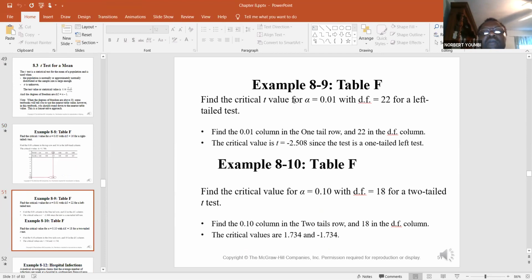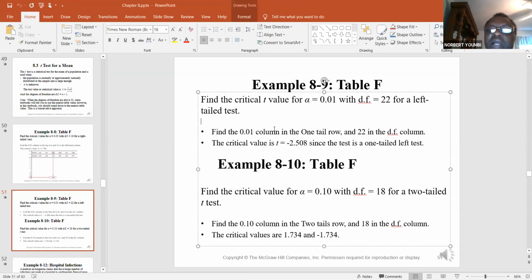We can do the same thing. You can practice by checking the critical value for alpha equal to 0.01 with a degree of freedom of 22 for a left-tailed test. I want you to practice this and to confirm that t is equal to negative 2.508.